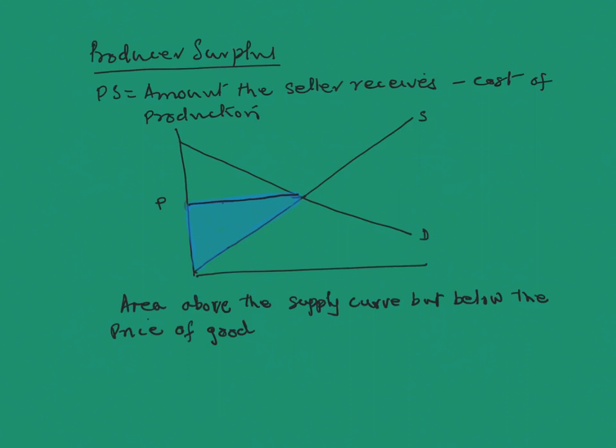That is, producer surplus is the excess that the seller receives beyond his or her opportunity cost of providing the good or service. The supply curve reflects the seller's cost of production. That is the area below the supply curve. Producer surplus is the area above the supply curve and below the price of a good.